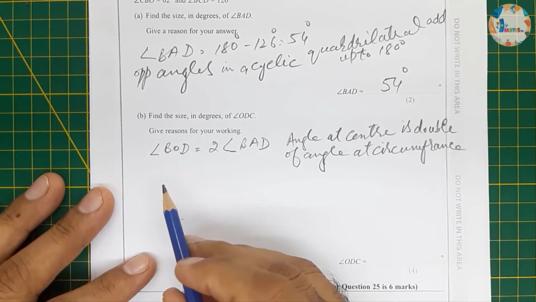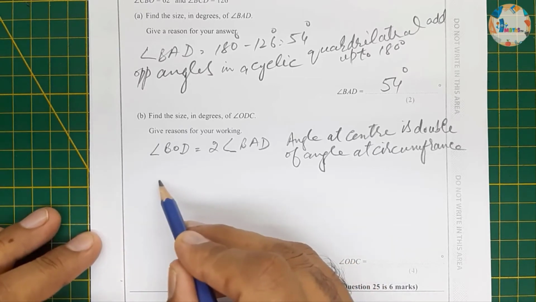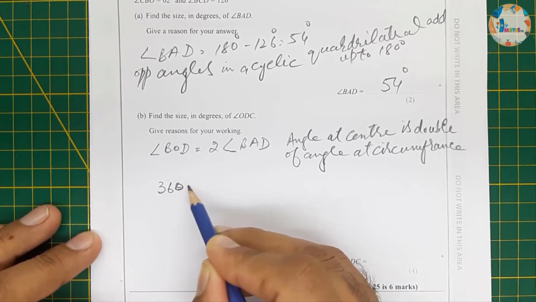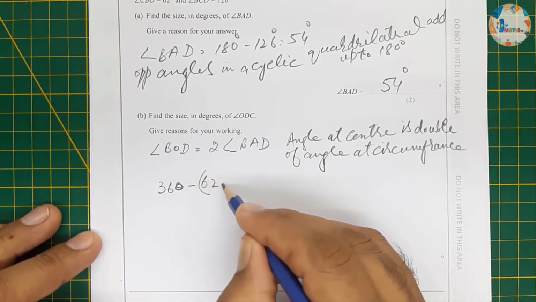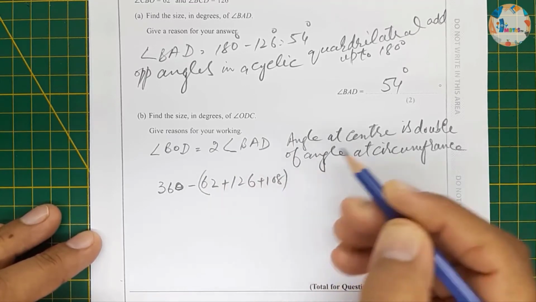Next portion what we will be writing is, we can subtract 360 minus these three angles, which is 62 plus 126 plus 108.